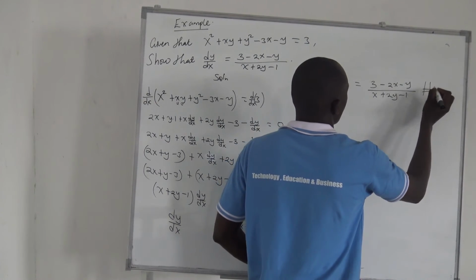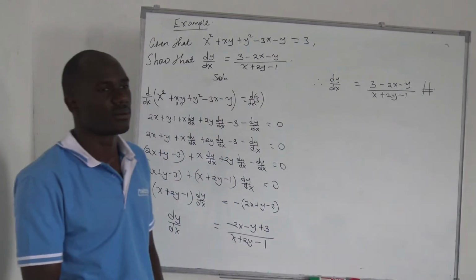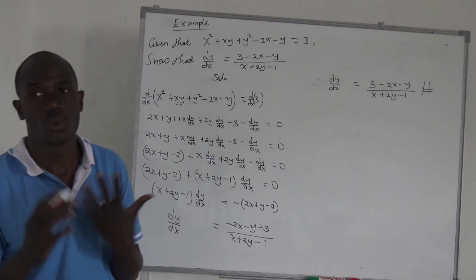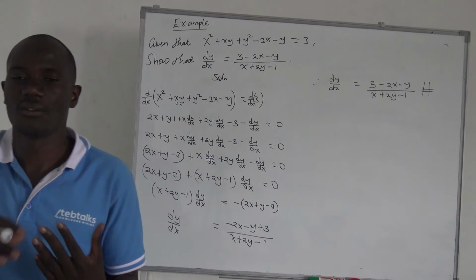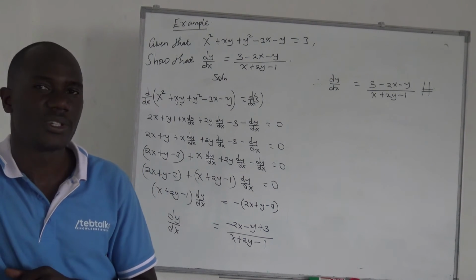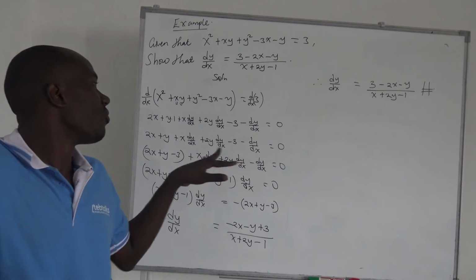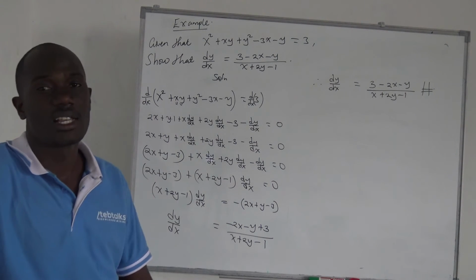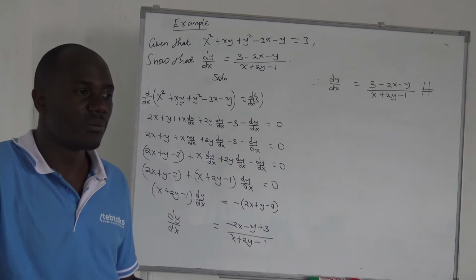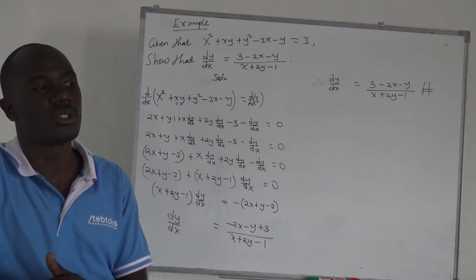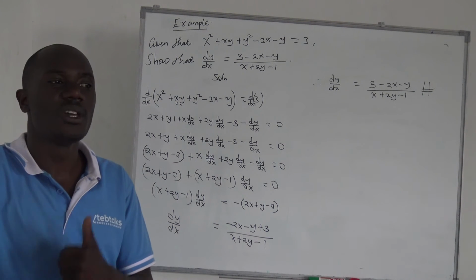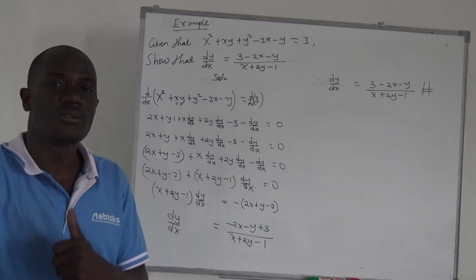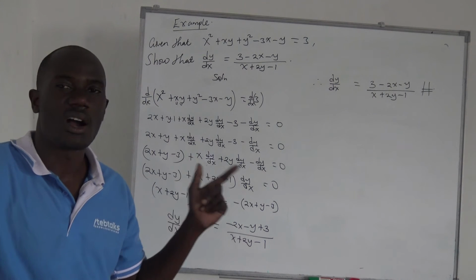That is proved. We have already shown what they told us to show. You can see that by following my steps the derivative has come out. When you gamble on them, you are going to get problems. So you need to be very, very serious with these ones.